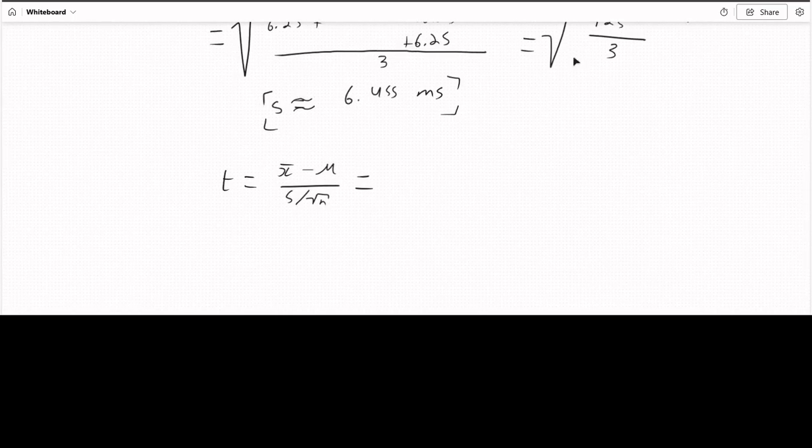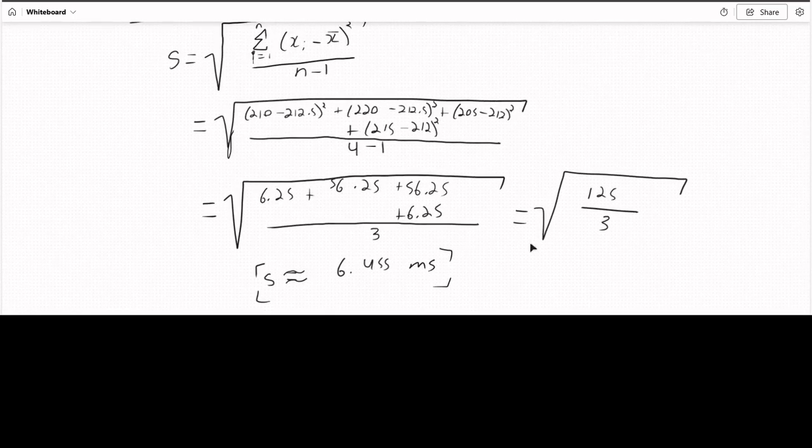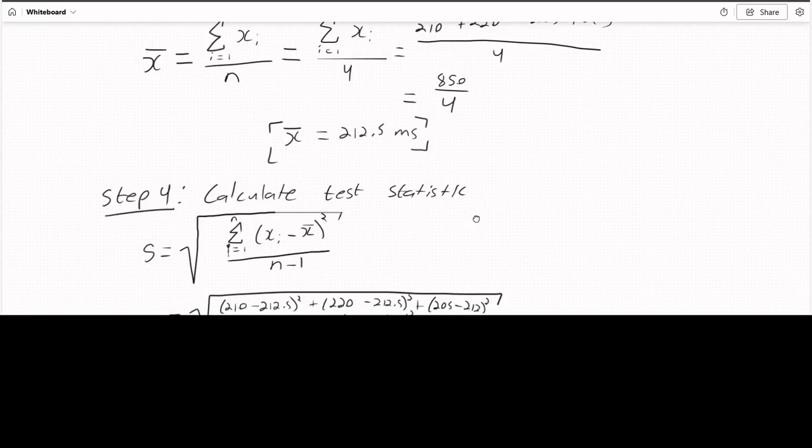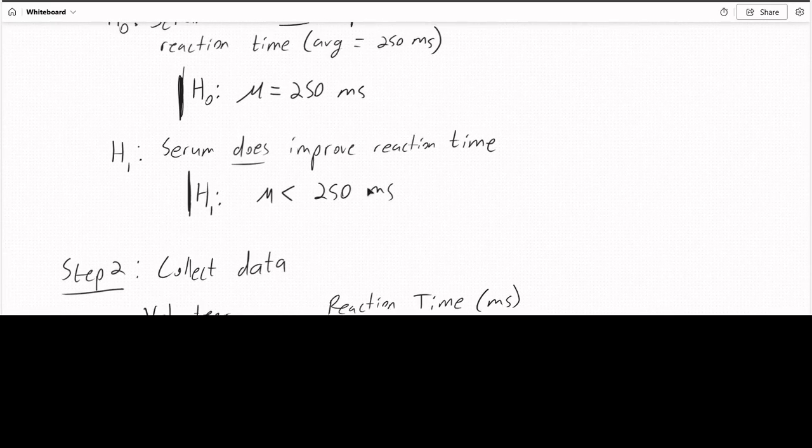So x bar is the sample average, which we know is 212.5, minus the reaction time. Remember, we're testing if mu, the human population average, is 250 milliseconds, and we're trying to prove that this reduces it.